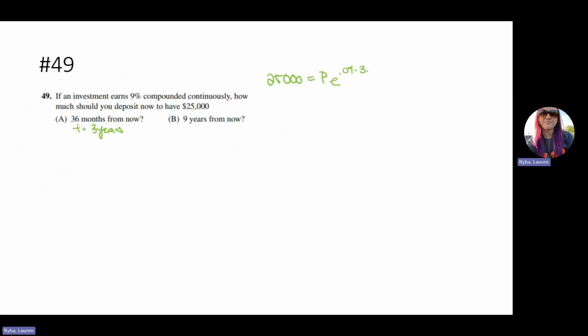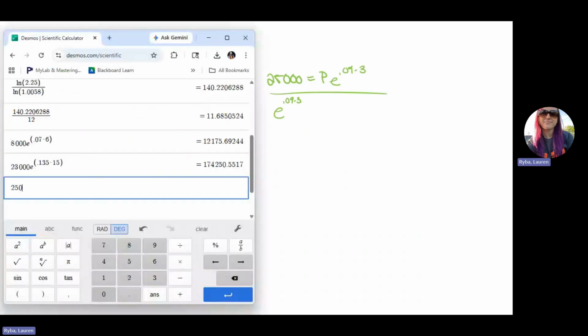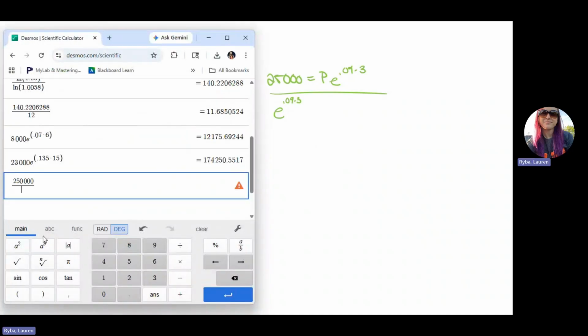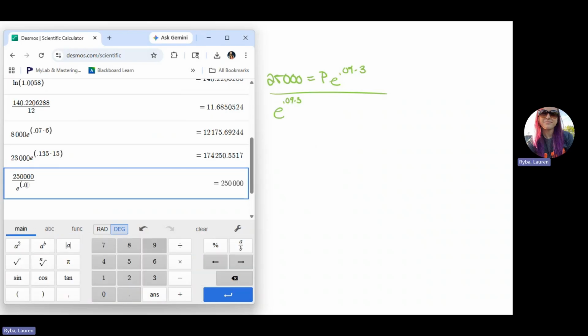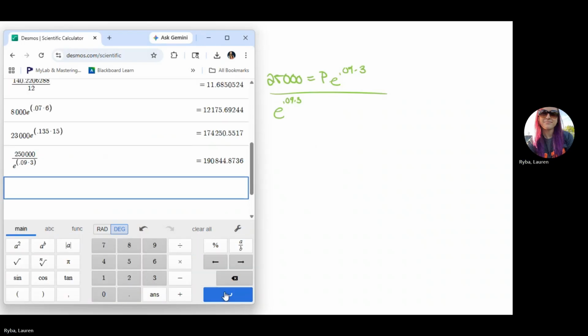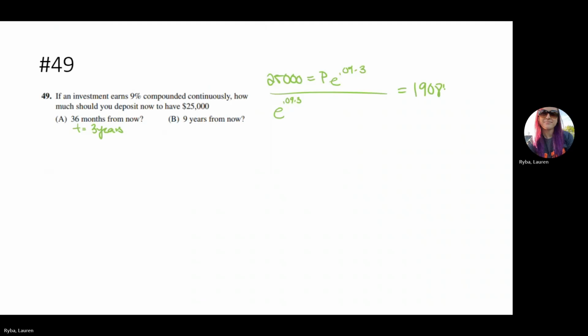To get P by itself, I just have to divide by that e to the 0.09 times 3 power. 25,000, I want to divide that by e to the 0.09 times 3 power. So I would need to deposit today $19,084.49 if I only had 3 years to reach that goal.